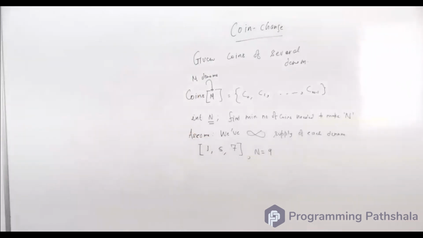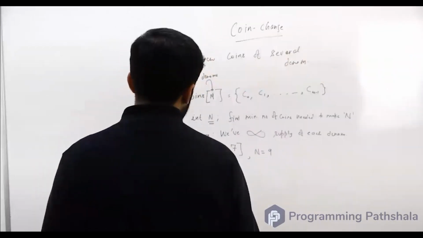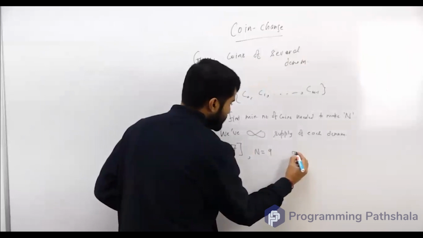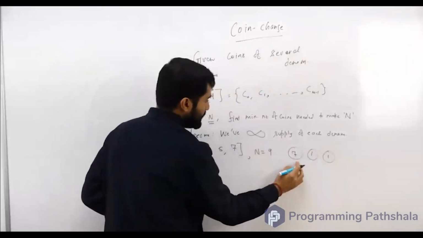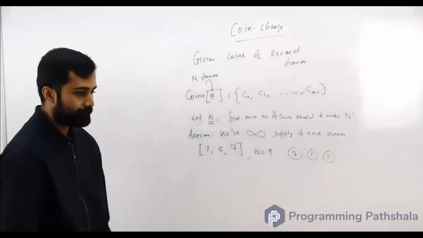A lot of you are saying 3. Can you also tell me what those 3 coins are? Yeah, 7, 1, 1. You can take a 7 rupee coin and 2 units of 1 rupee coin, and if you sum them up, you will get 9.